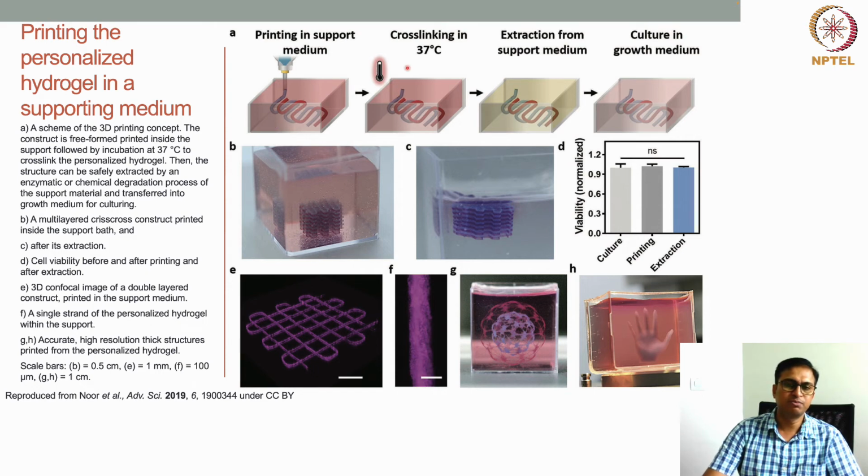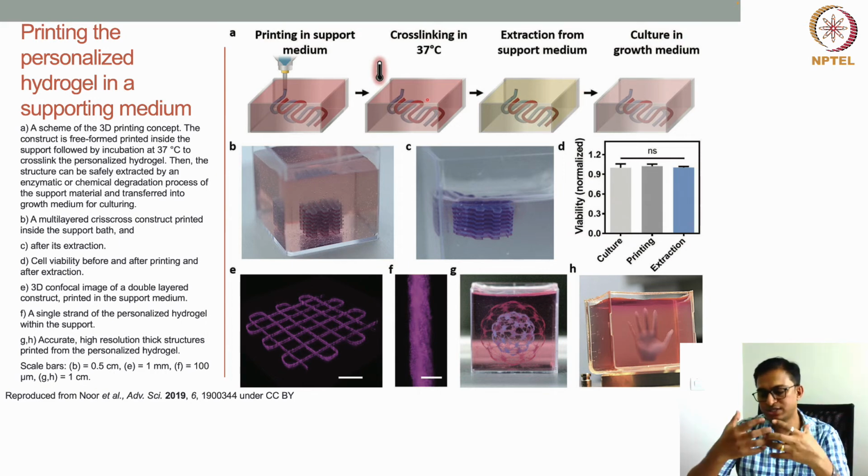Then they increased the temperature of the support bath to 37 degrees centigrade, where the material gets cross-linked, and the support bath material loses its structure at 37 degrees centigrade and becomes a fluid-like material, and that can be taken out, and you can get the printed structures, right?